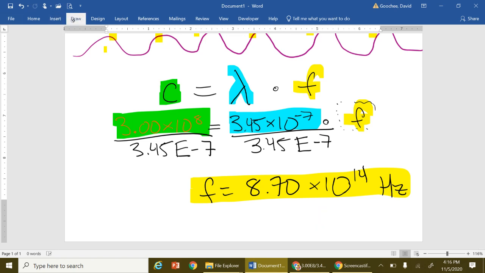That's what hertz is. Hertz is the number of waves per second. That's 870 trillion waves every second because these waves are super small, but they're also moving super fast.